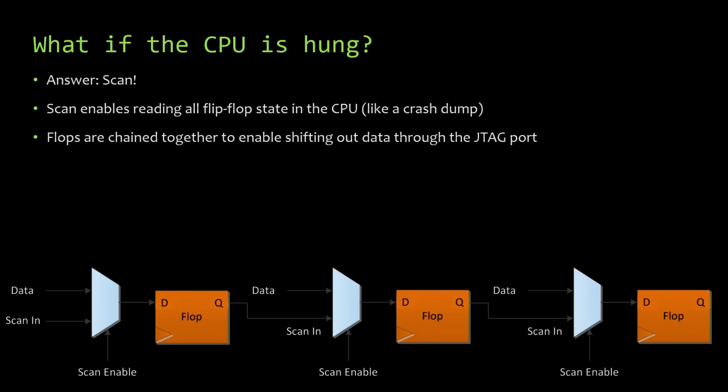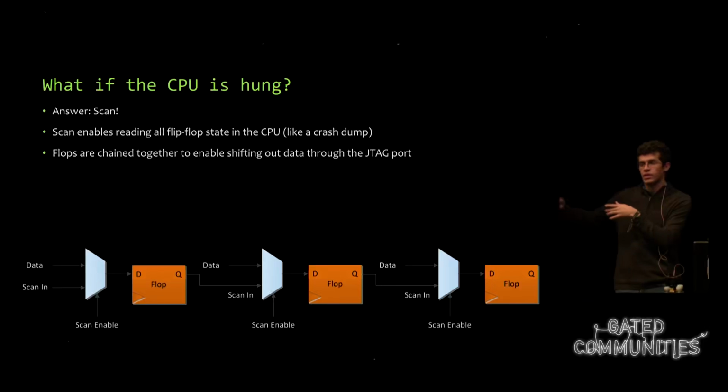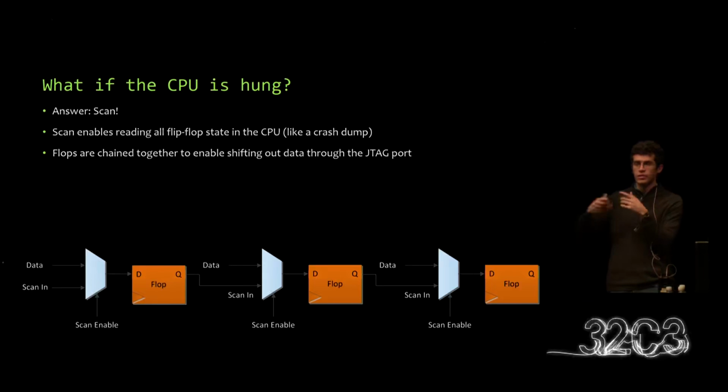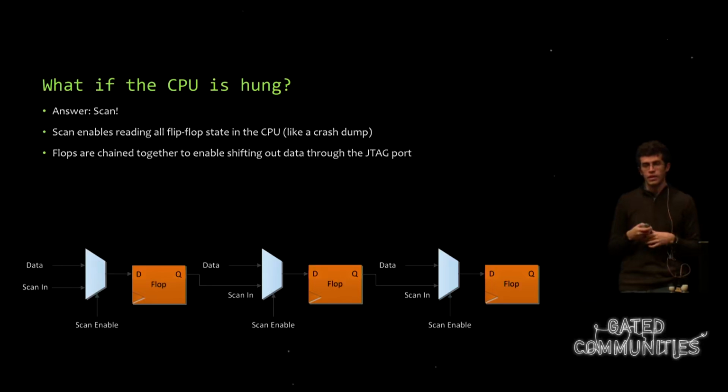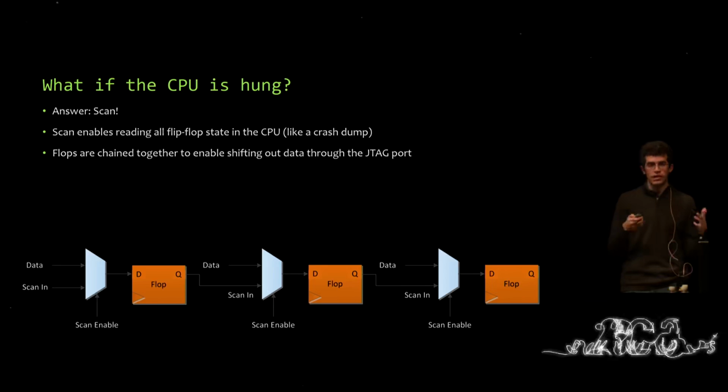When you want to dump the flop state, you assert the scan enable signal that goes to all the flops. And then as you clock the design, every cycle, all the flops shift into each other, and the final flop in the chain is then connected to your JTAG pin. And over time, and of course not a lot of time, you can read out all of the register state in the design. So this is pretty nice. You can then analyze it offline.